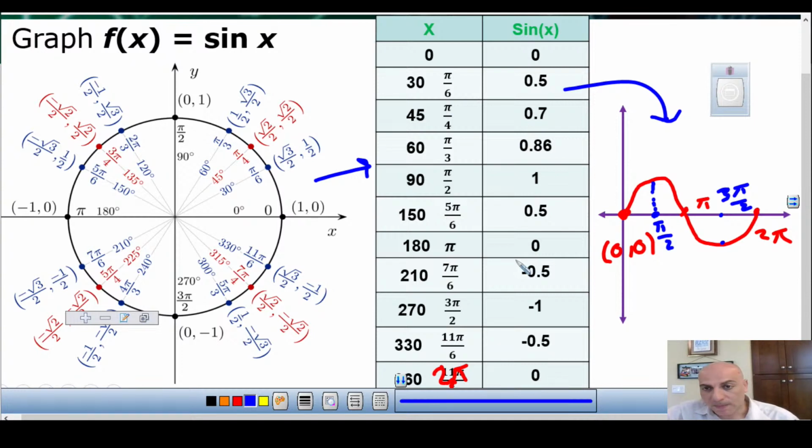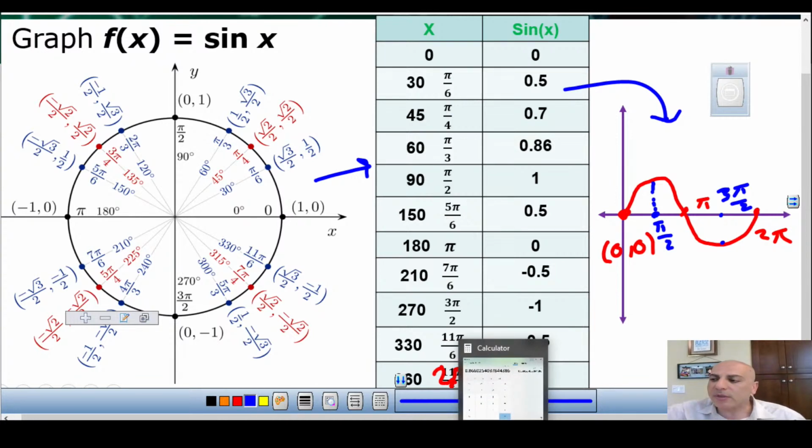Are we done? Almost. Because this is how you graph the parent function, the papa function, not the child. So the child could be like what you've seen in the warm-up, y equals x squared, and then you took that, and then you say, what do you mean?